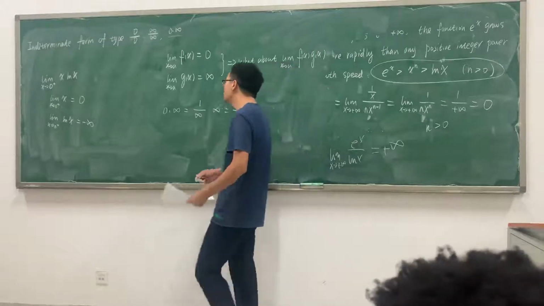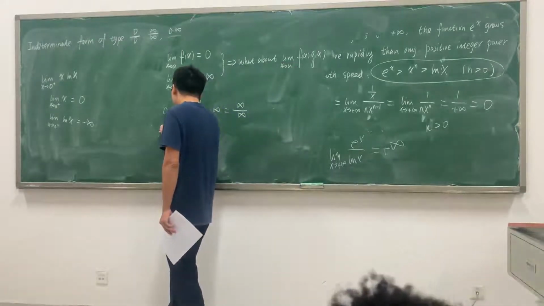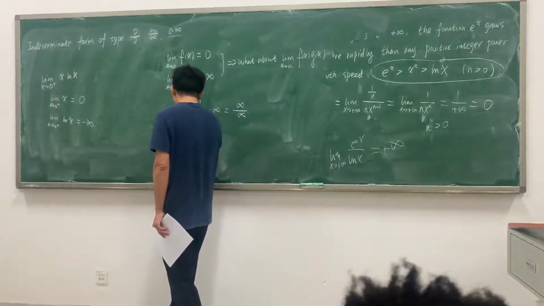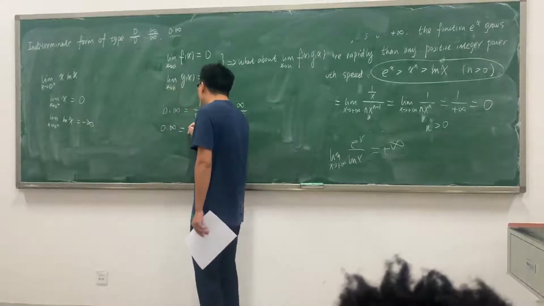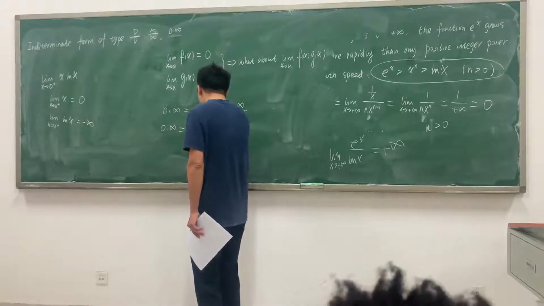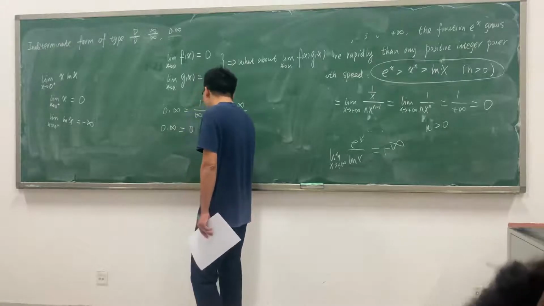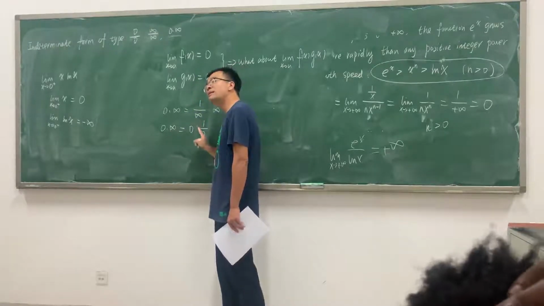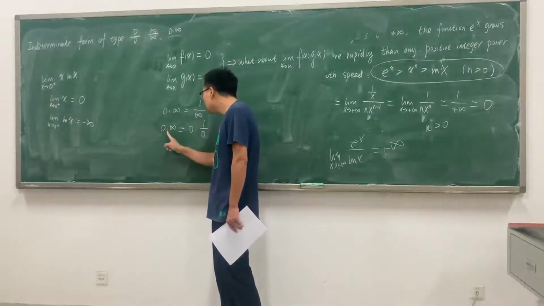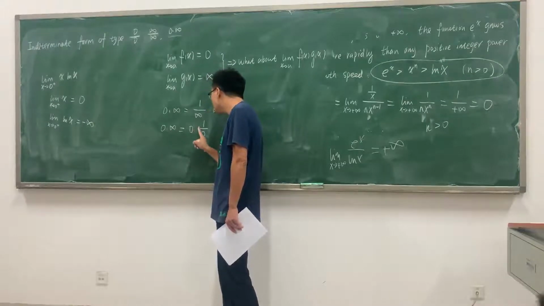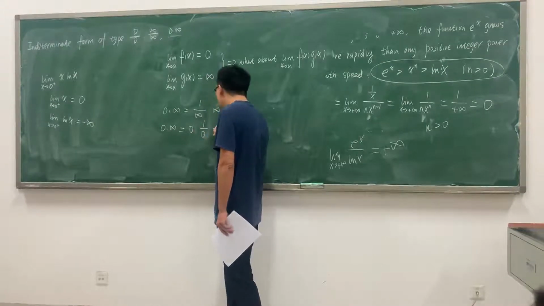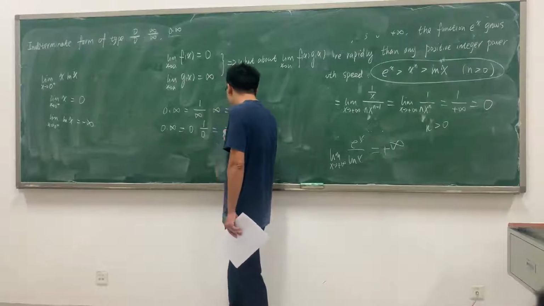Or we can rewrite infinity as 1 by 0, so 0 times infinity equals 0 times 1 by 0, which is 0 by 0.